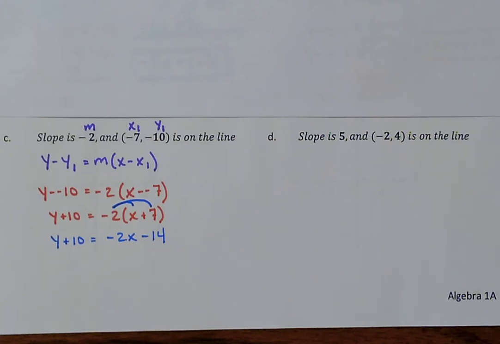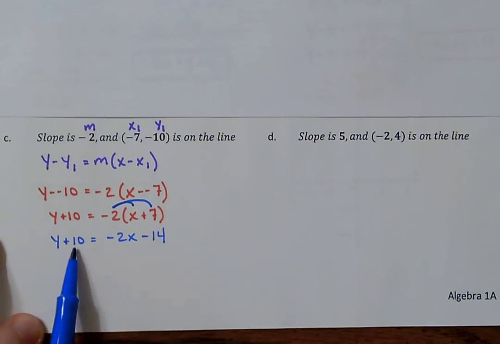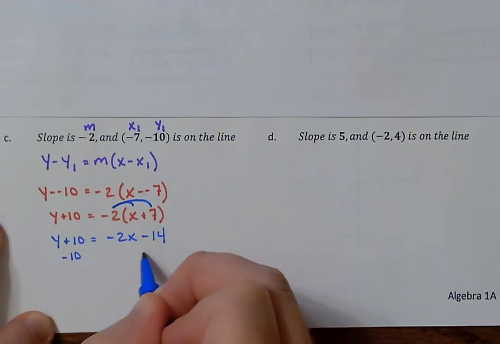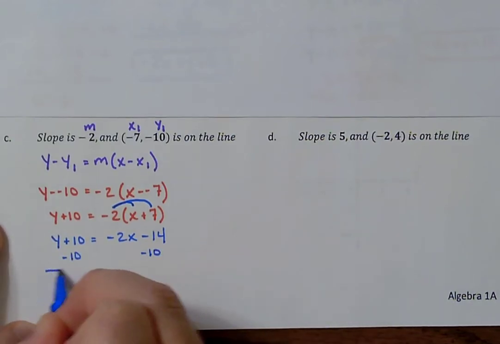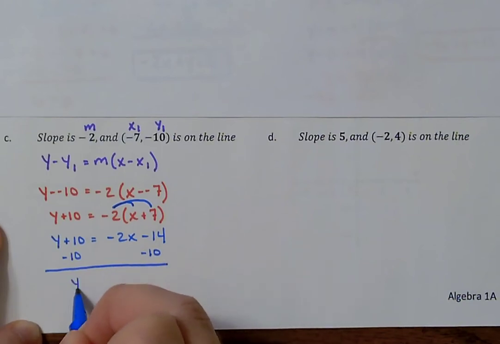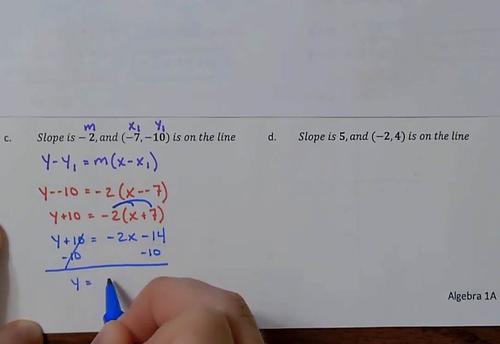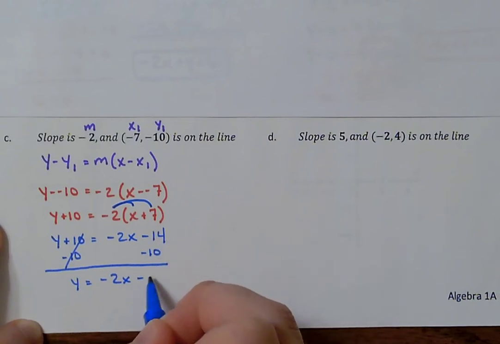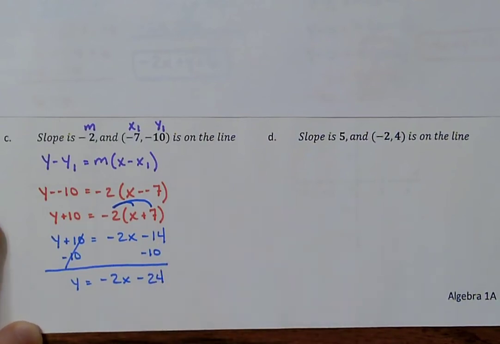My next step is I need to move this number, this 10, over to the right side. I need to get it away from y. So we're going to subtract 10 from both sides. So we get y equals -2x. -14 minus 10 is going to be -24.